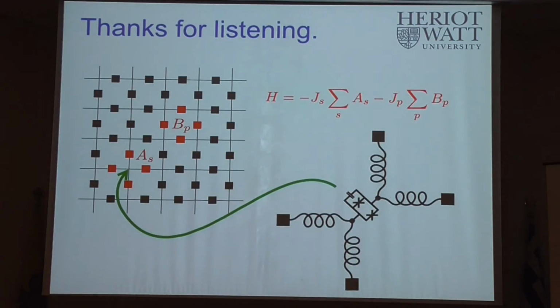And as a reminder of what I talked about in this picture, a way of realizing that for a code Hamiltonian.